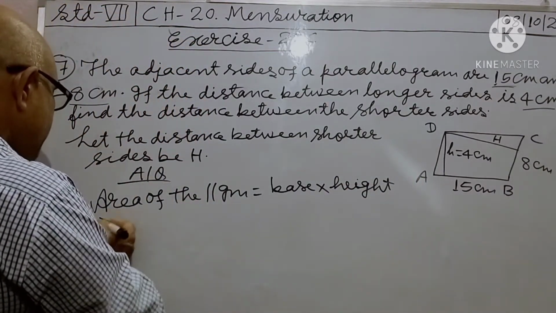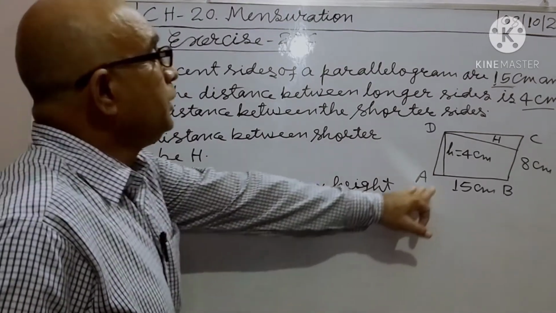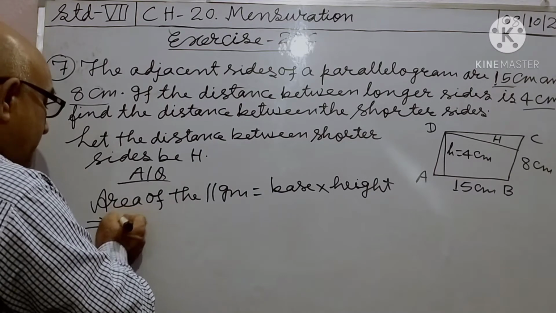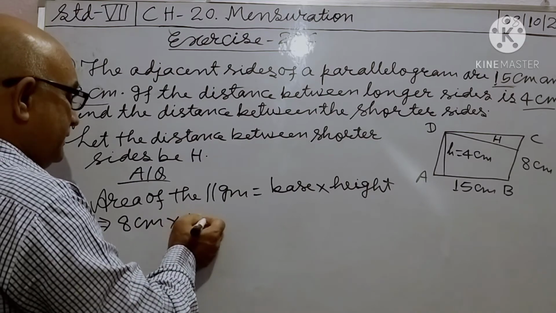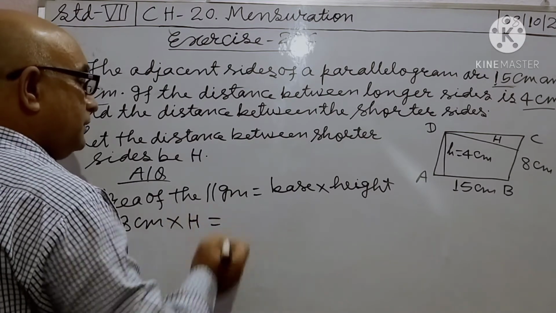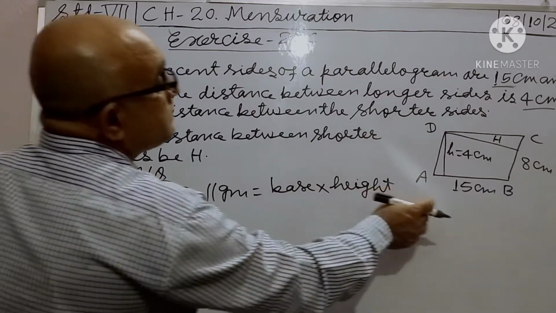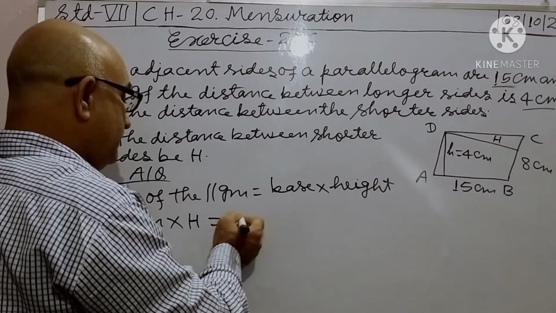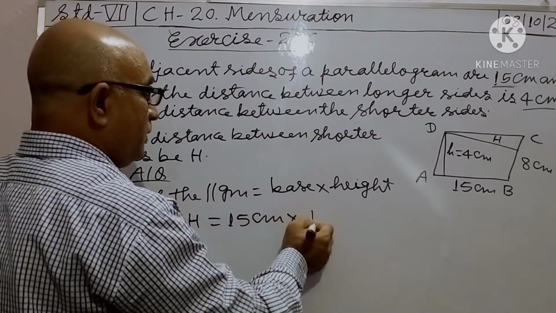That implies area of parallelogram according to shorter side, base BC, that means 8 cm into height capital H, equal to base into height according to longer side, so base is 15 cm into height is 4 cm.